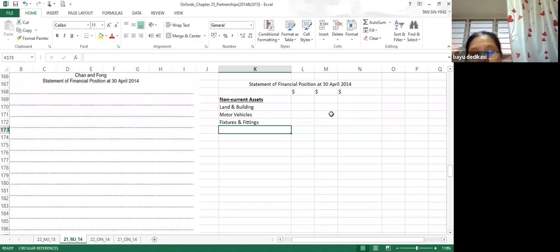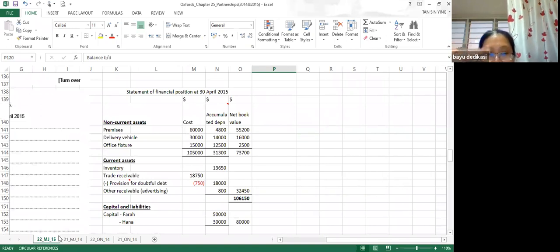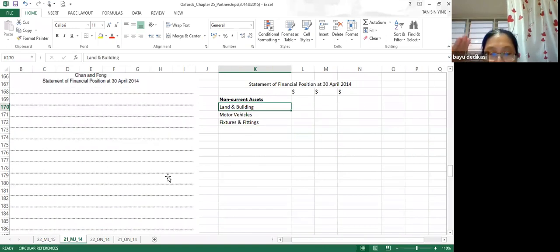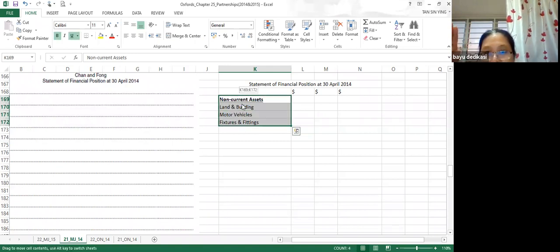How much is your cost? Your header is cost, non-current asset. The first column put cost. On the same row with the non-current asset, refer back to the first question. How is the presentation? I have put cost, accumulated depreciation, same row, don't need to move.